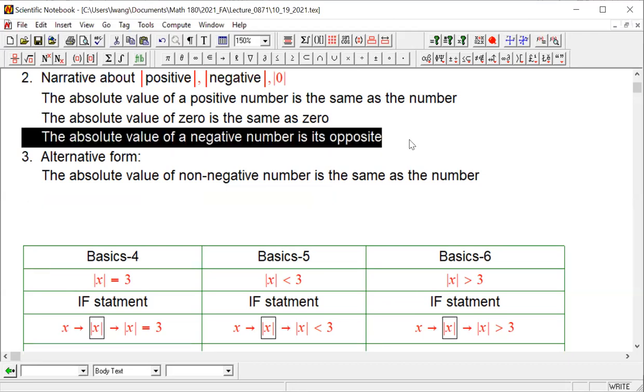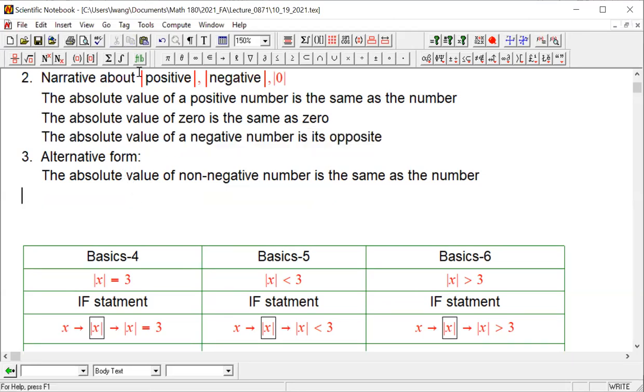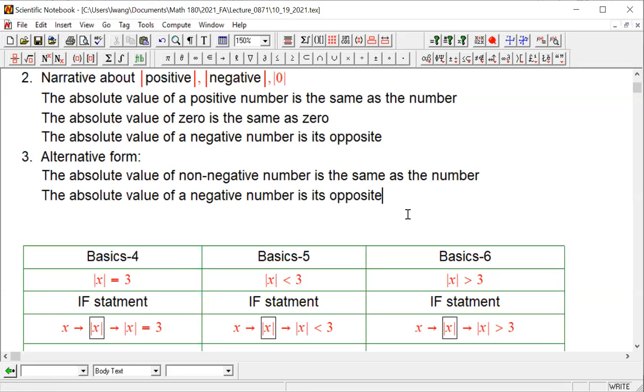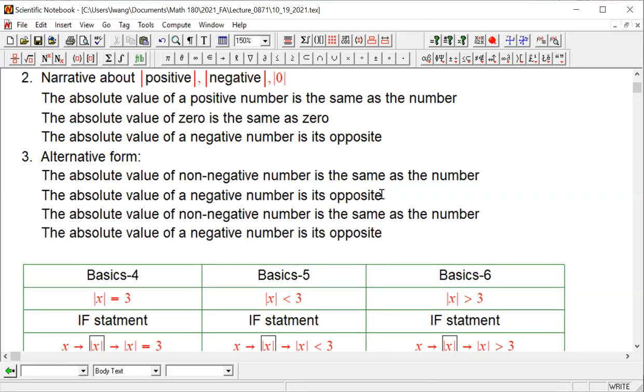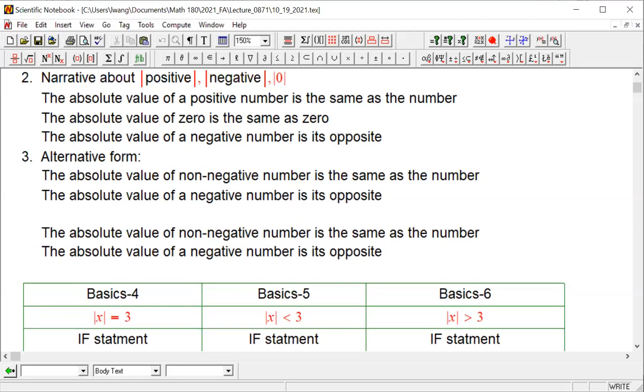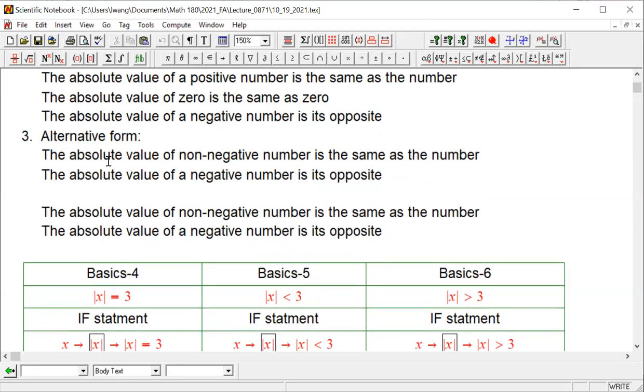The next one is the absolute value of a negative number is its opposite. So if we use algebraic notation to translate, what do we get? The absolute value of a non-negative number. How do we express that?